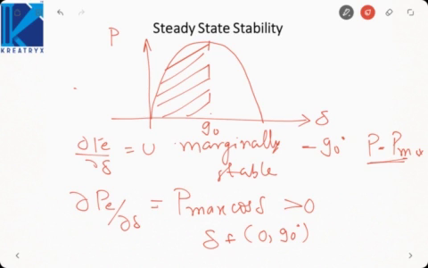This fact was directly used in synchronous generators also, that the region from 0 to 90 is the stable region for synchronous machine operation.